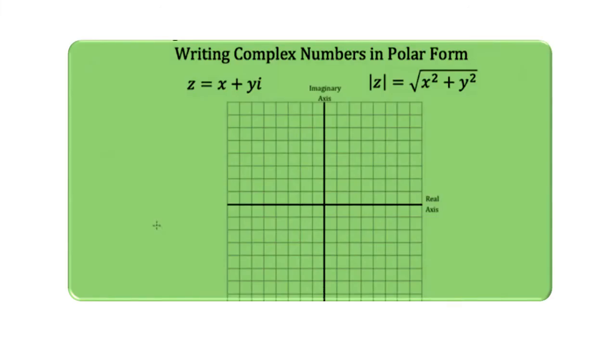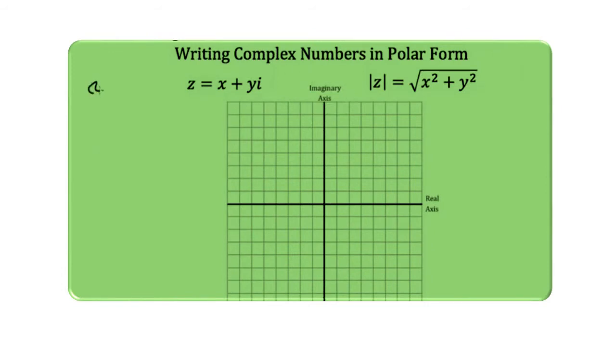Now, typically, if we want to plot a complex number, we plot it on a rectangular axis where the x-axis, the horizontal axis, is the real axis, and the y-axis, or the vertical axis, is our imaginary axis.